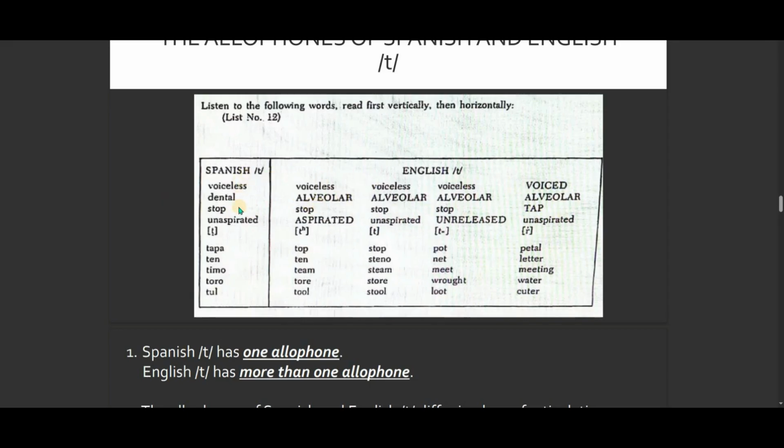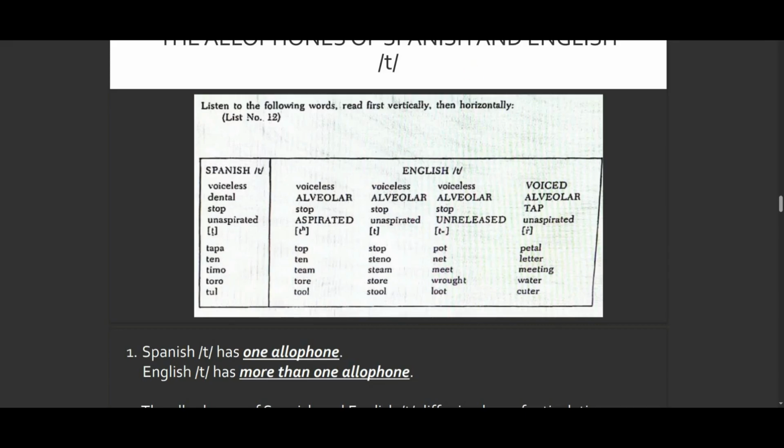So for Spanish, it is a voiceless dental stop unaspirated, like in tapa, ten, timo, toro, and tul. So we can say that Spanish only has one allophone for phoneme T, and English has 1, 2, 3, and 4 allophones for the phoneme T.